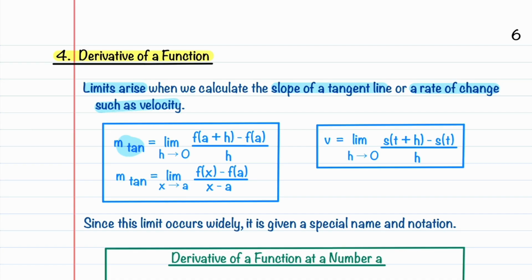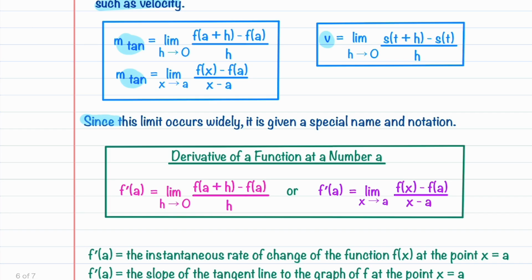I've written these definitions here so you can see that their definitions involve limits. Can you see that these limits look really similar? Since this limit occurs widely, it is given a special name and notation. This limit is called the derivative of a function at a number a.